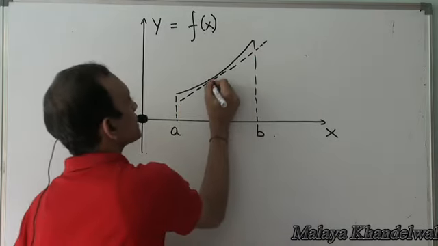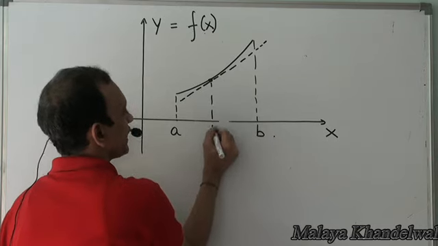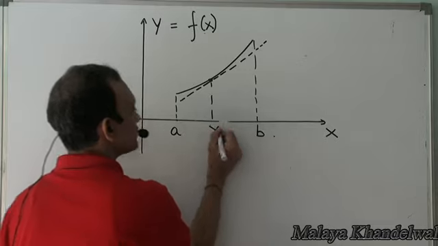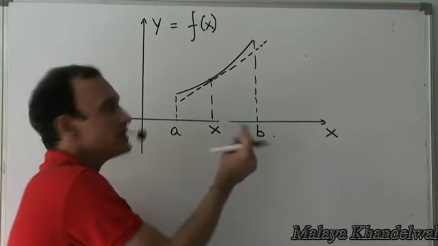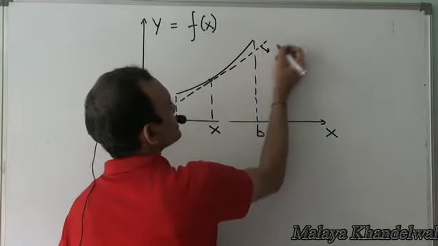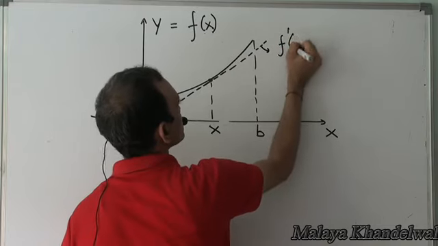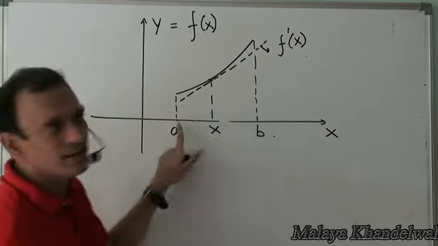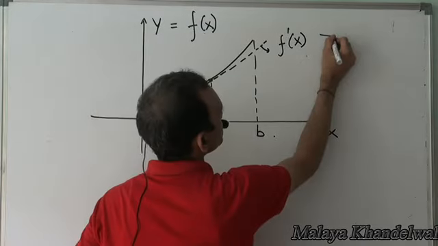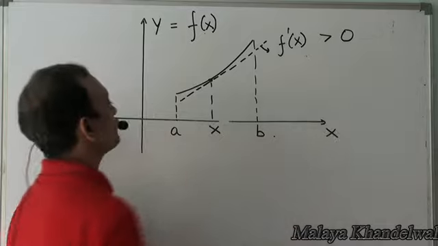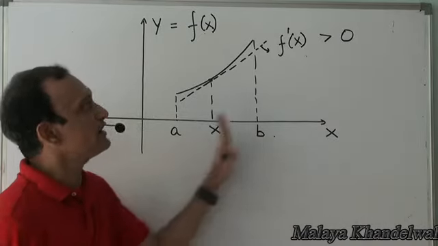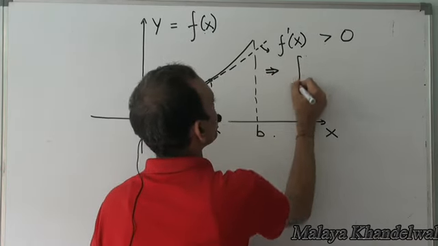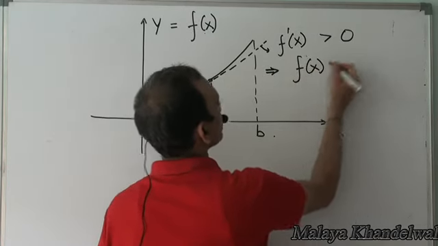This is a tangent made at a given x, floating between a and b, the slope of this tangent is given by f dash x. And if for every x in the interval a to b, you find that f dash x is positive, then you can conclude that f x must be strictly increasing.